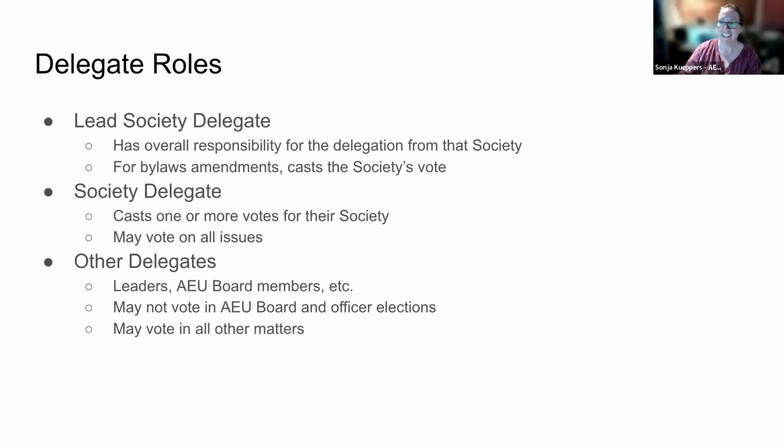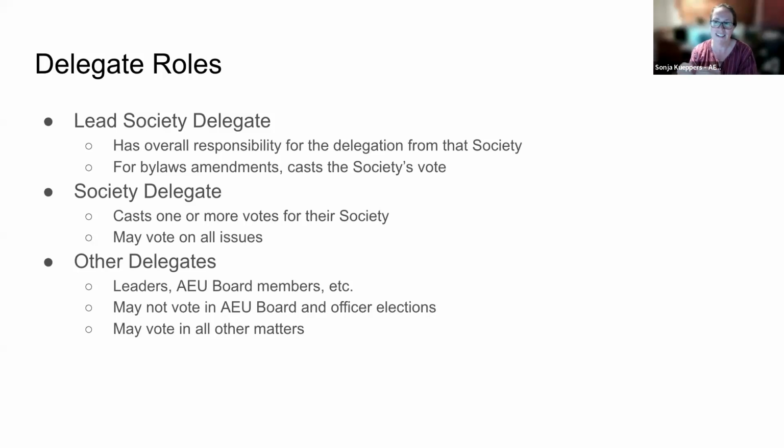Okay. Next up, another kind of delegate you might be is a society delegate. And if you're a society delegate, you'll be casting 1 or more votes for your society. The reason I say 1 or more is that it's possible that you could have been assigned to vote more than once for your society. For example, one of the societies has their lead delegate holding 3 of the votes that their particular society has, right?